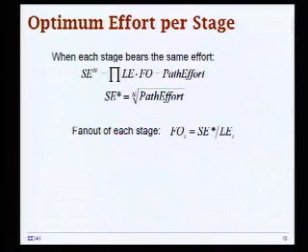Now, just as in an inverter case, we say that optimum delay is achieved when each stage along the chain has the same effort. In the inverter case, you remember we had that minimum delay is achieved when all stages have equal fan out. Now in this case, we say that minimum delay is achieved when all stages have the same stage effort.